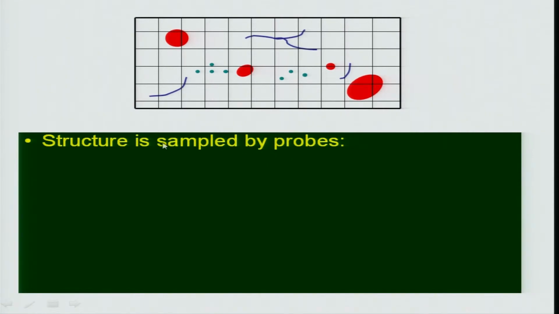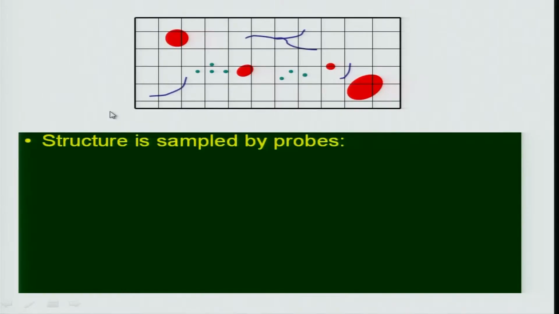And here the meaning of sample is in its statistical sense, that we sample a representative volume of the material in order to estimate the particular parameter that we want to measure.